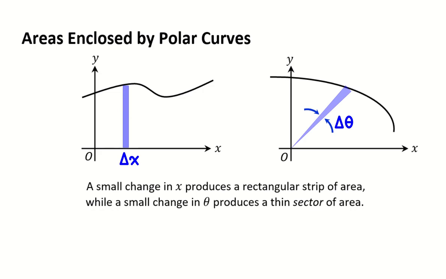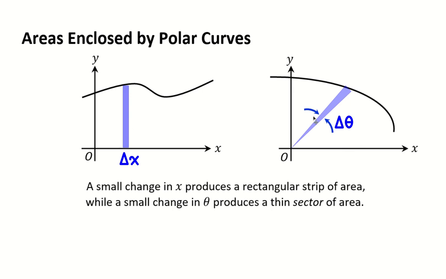And now we get into area enclosed by polar curves. Woo, here we go. First, a little illustration of how in the past, when you took Calc AB and you were finding area under a curve with a Cartesian rectangular type equation, you were adding up all of these infinitely thin rectangles, you know what I mean?